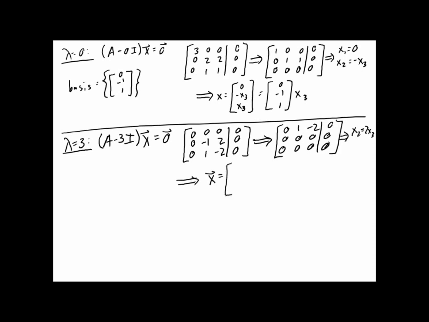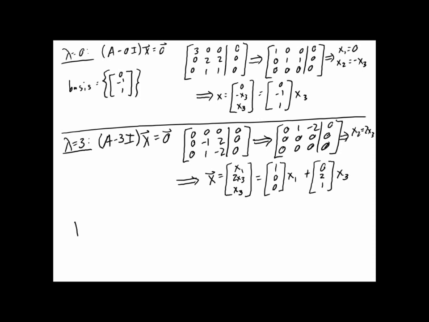In this case, I have two free variables. x1 can be whatever it wants to be, x2 we said was 2x3, and x3 is also free. So we're getting the vector 1, 0, 0 times x1 plus 0, 2, 1 times x3.